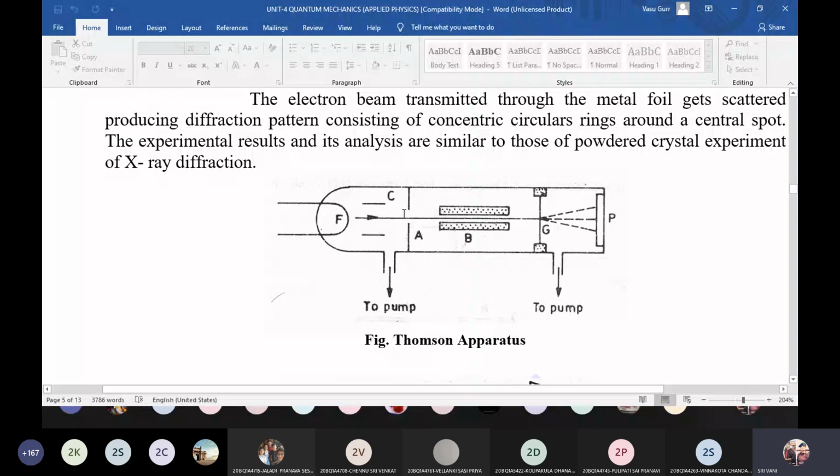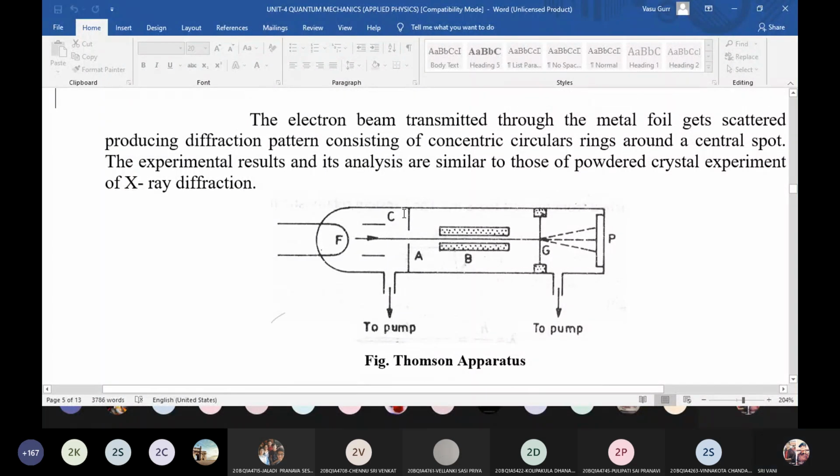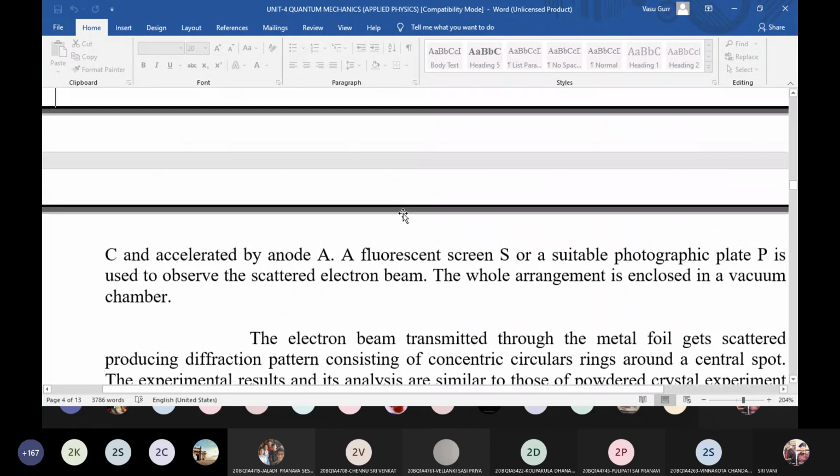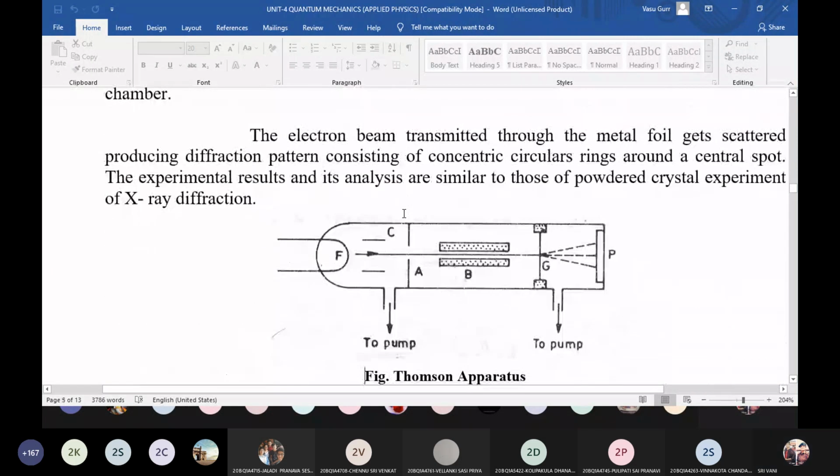Cathode and anode are placed in the path of the electron beam. After that we have taken G, that is the gold foil, and next the photographic plate. So here this path is not a light path, this is the electron beam.